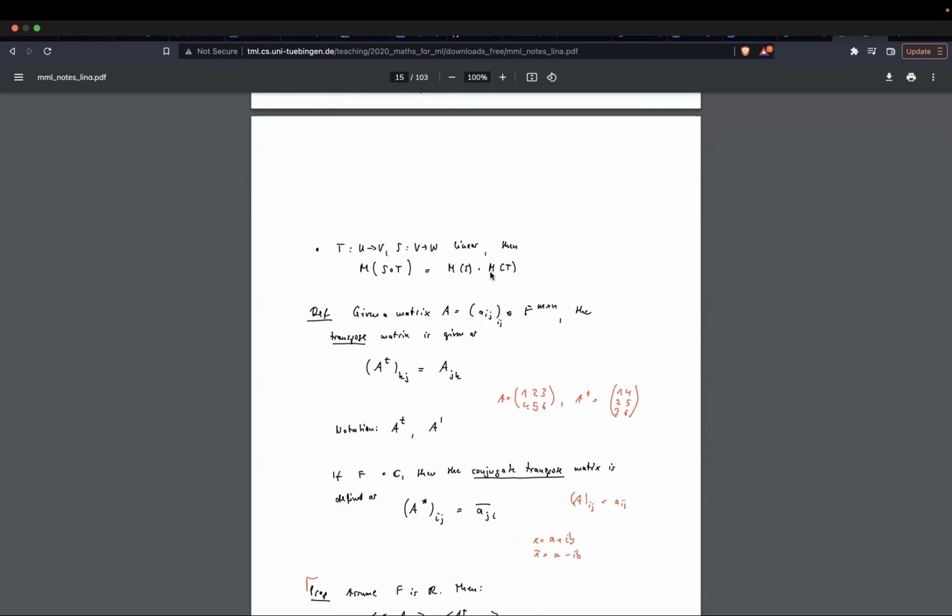But essentially, the intuition that we saw in those videos is applying one transformation after another. It's difficult to explain intuitively.